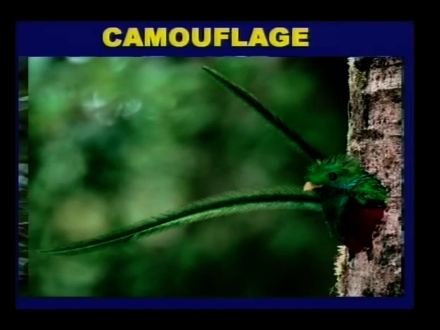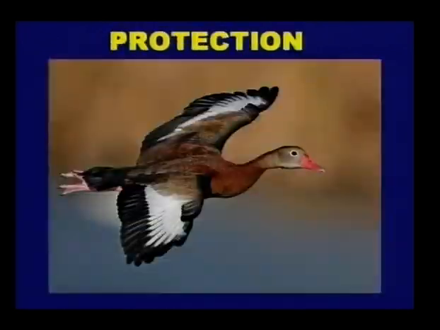And of course, the birds also use their feathers for protection. What do you think they protect themselves from? Protection. From... they protect themselves from Kalen. What do you think this bird here protects itself from?